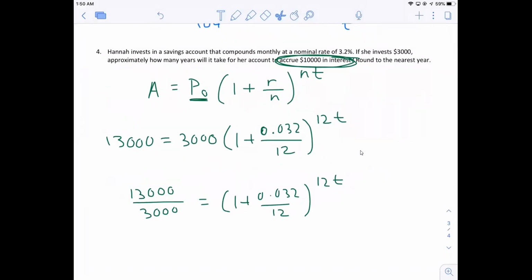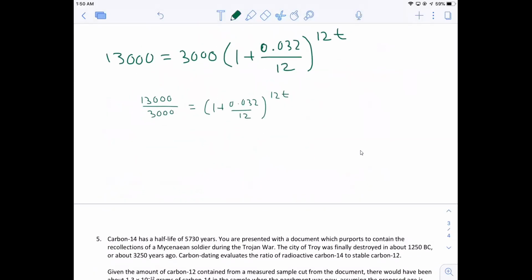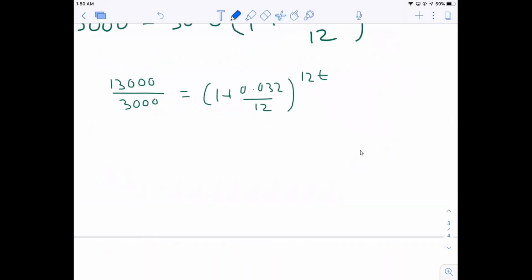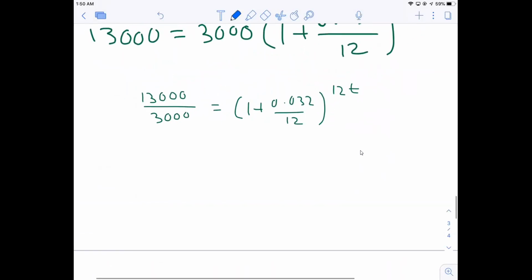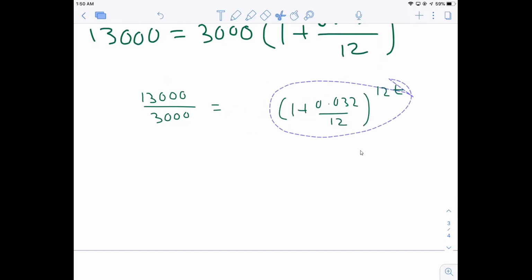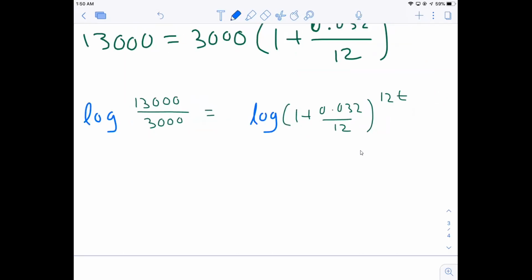All right, we could change this to log form, but I think personally it's easier just to take the log of both sides. There's really less thinking. Once you know your log rules, we can just simplify using log rules. So I'm just going to write it in the same step. Take the log of that, take the log of this, take the log of all of this. Using the log rules, we can bring the 12t in front, write that as a coefficient, right?